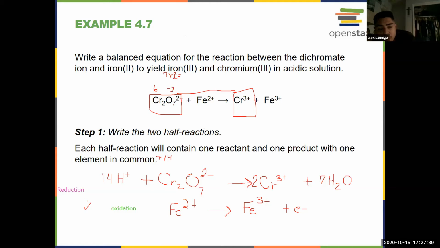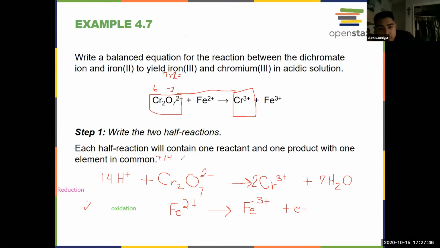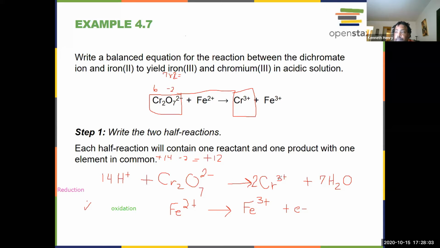And then how many negative charges do I have here? 2. Okay, so -2. So altogether I have on this side plus 12. And then on this side, this guy is neutral. This guy, we have 2 times plus 3, so +6. Is that balanced? Okay, so what do I need to add to make it balanced on both sides?